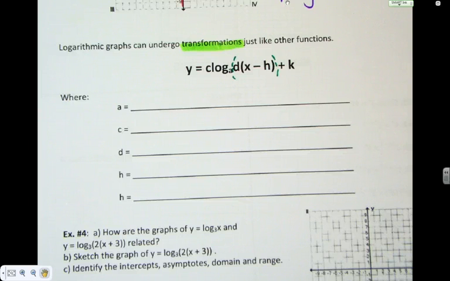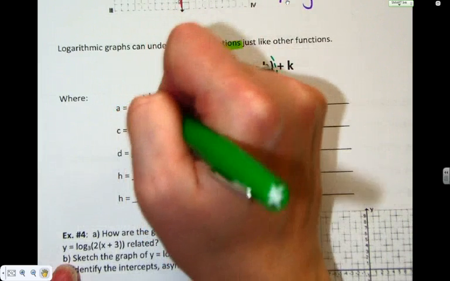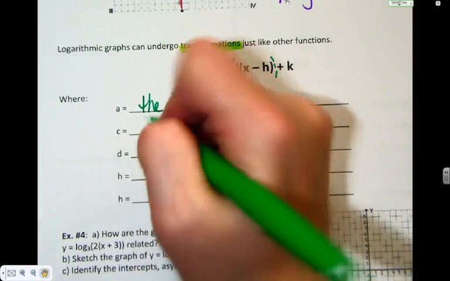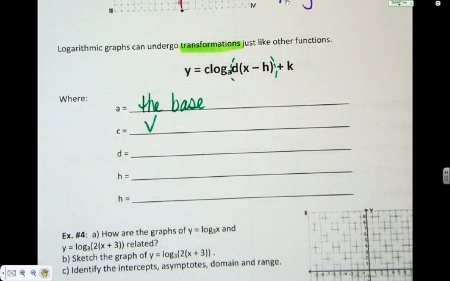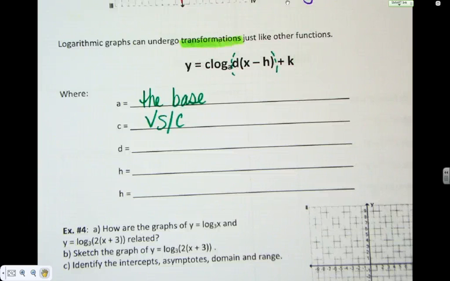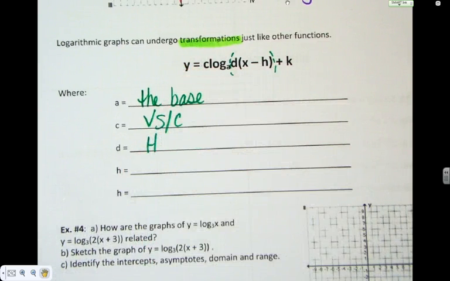Okay, so what is A? What does it represent? The base. C, outside brackets or inside brackets? Outside, so that's vertical. Multiplication or addition, subtraction? So it is a vertical stretch or compression. D, inside brackets or outside brackets? Multiplication or addition, subtraction?